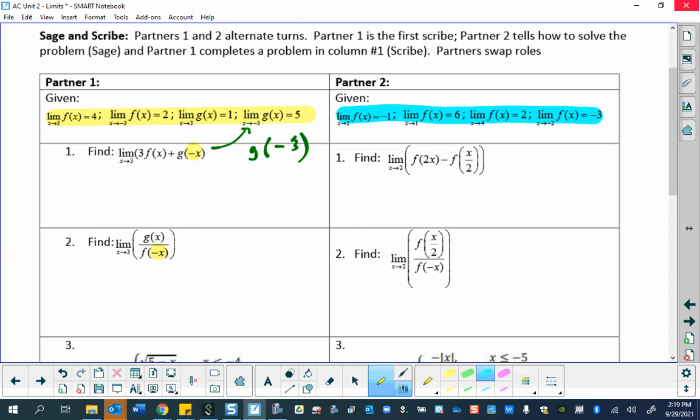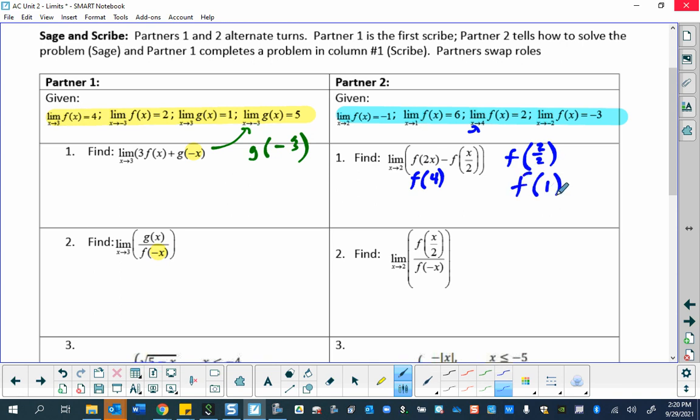If you're given all these limits, notice I've got 2 and 1 and 4 and -2, and you're like, that's weird. As you plug your value in, 2 times x, you are actually finding the limit of f of 4, so you are looking here. Here, when you put 2 divided by 2 in here, you are actually looking for the limit at f of 1, which is here.